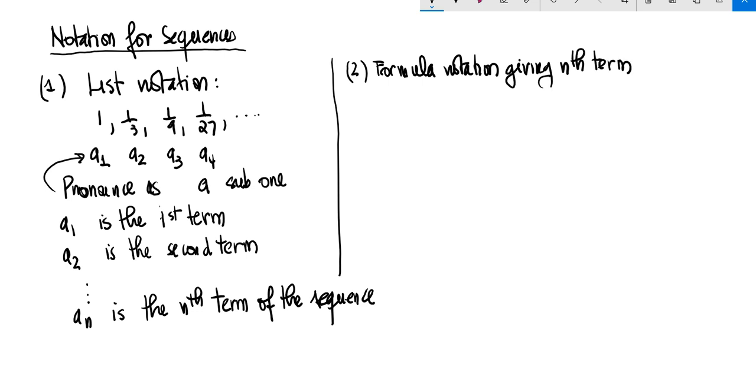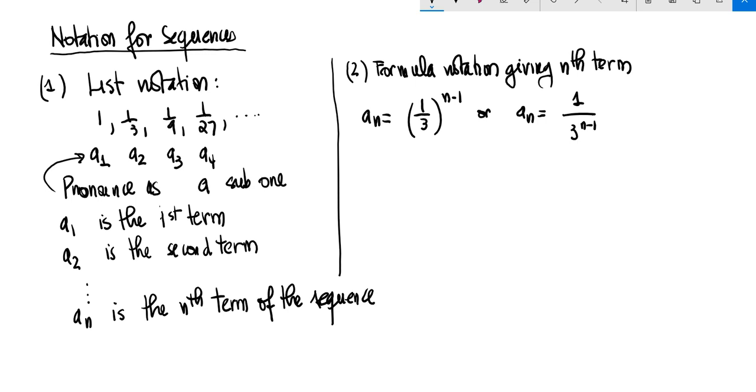So, for example, I could tell you that a sub n is 1 over 3 to the power n minus 1.